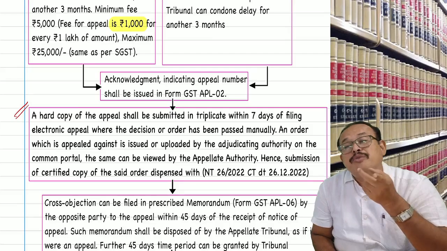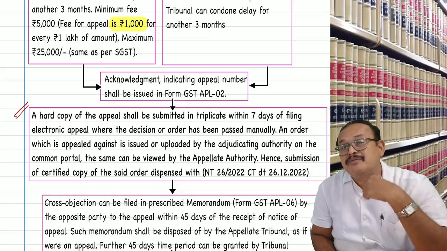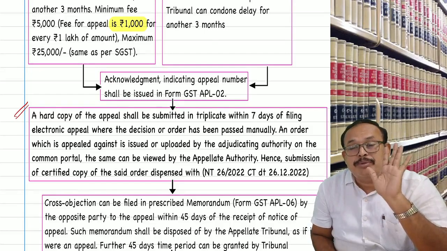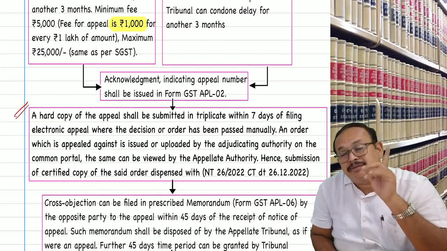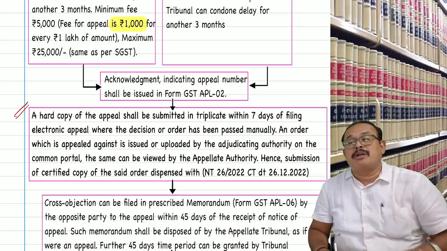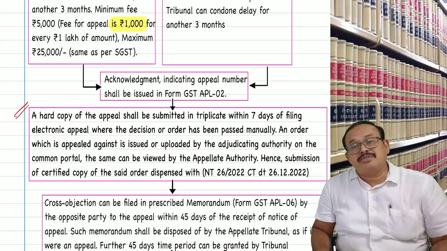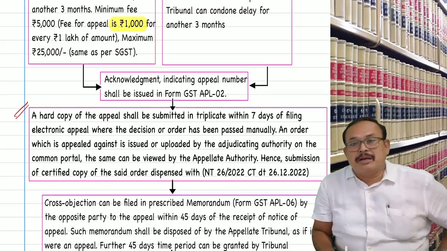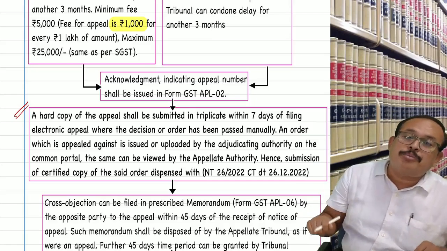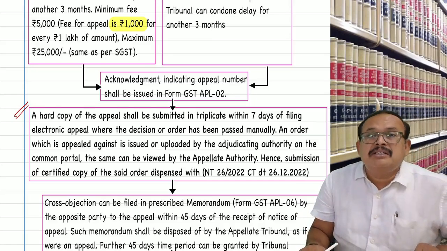Therefore, within 7 days of filing the appeal through system software, you have to file the hard copy in the office of the tribunal. Then the date of filing the soft copy is the date of filing the appeal. If 7 days are time barred, then the date of filing the hard copy is the date of filing to the tribunal.